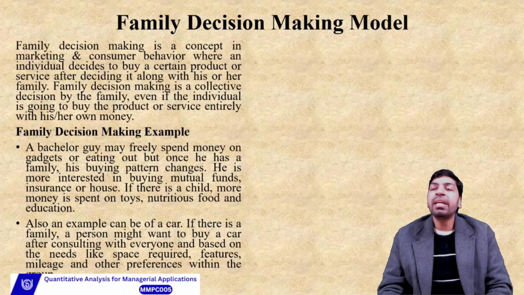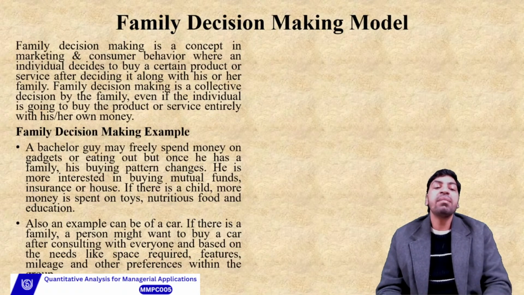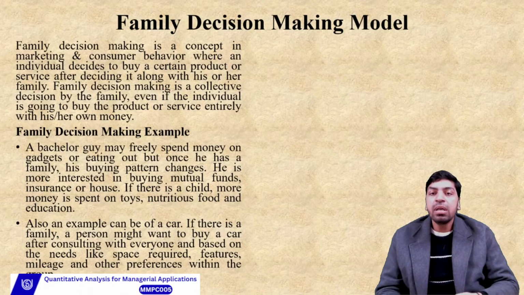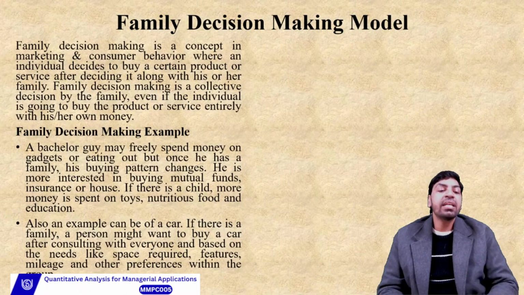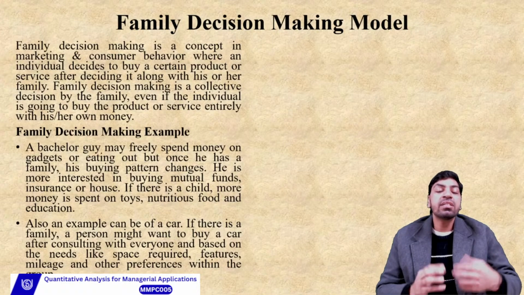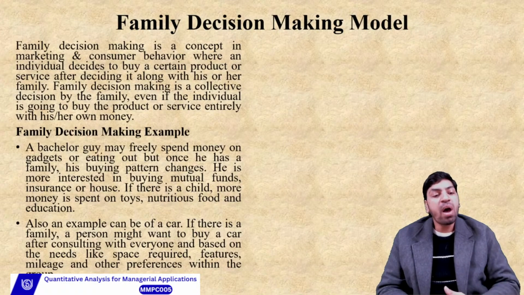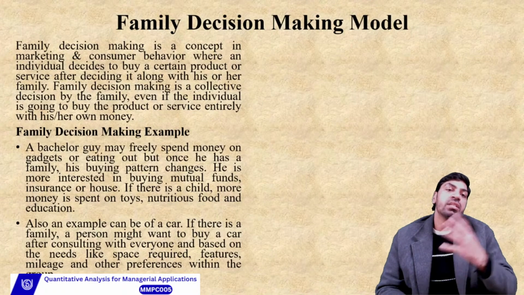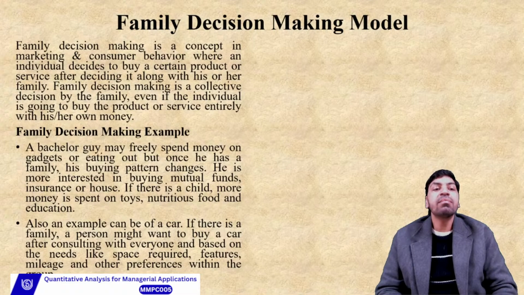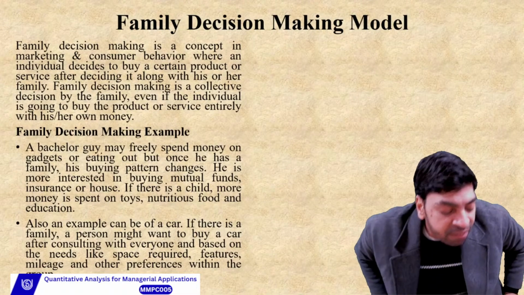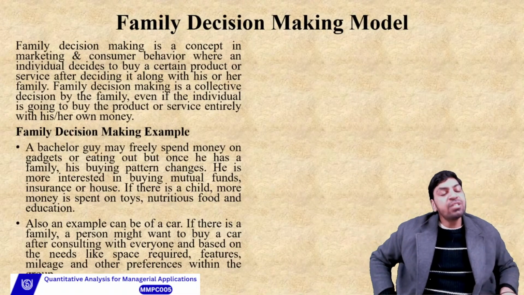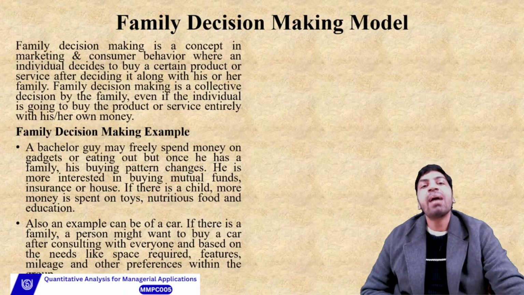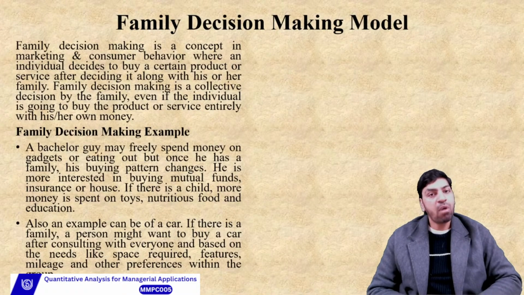If there is a family, a person might buy a huge luxury car where more family members can get in, so maximum space is required, along with features and other preferences within the group. This is the family decision making model, where each buying decision is based on family needs.